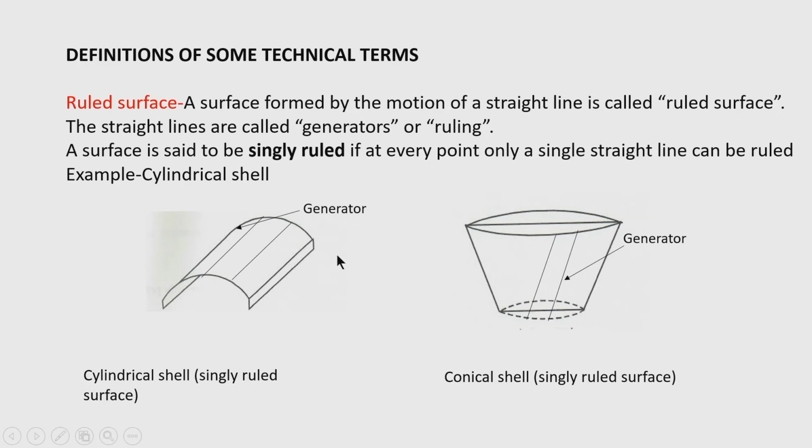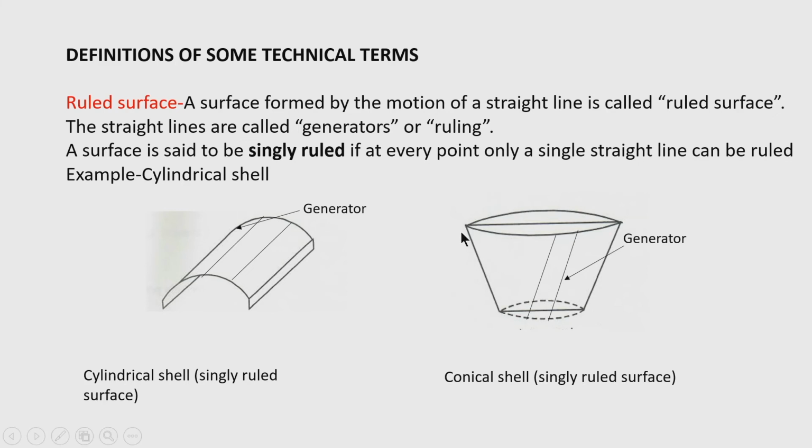So, this is an example of a ruled surface, a cylindrical shell, which is also a singly curved shell. Now, here you see a frustum of a cone, that is also a shell of the singly curved group. Why is it singly curved?